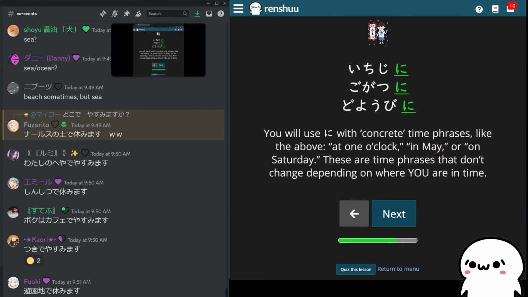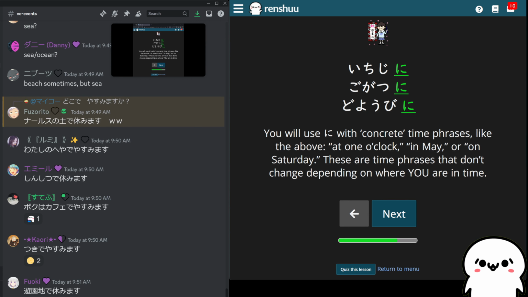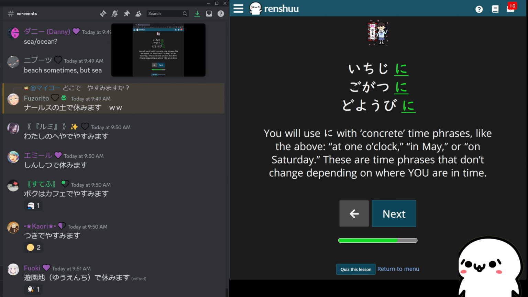Now, we haven't done really a lesson on specific counters being the way that you count things, whether it's hours or months or days or whatever. But on this page, and you can see the English below, ichiji means 1 o'clock. Gogatsu, go, 5. It's the 5th month, May. And then doyobi is Saturday.